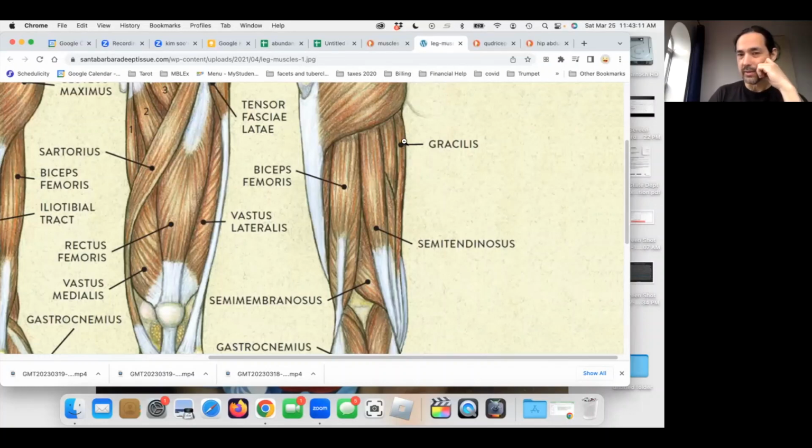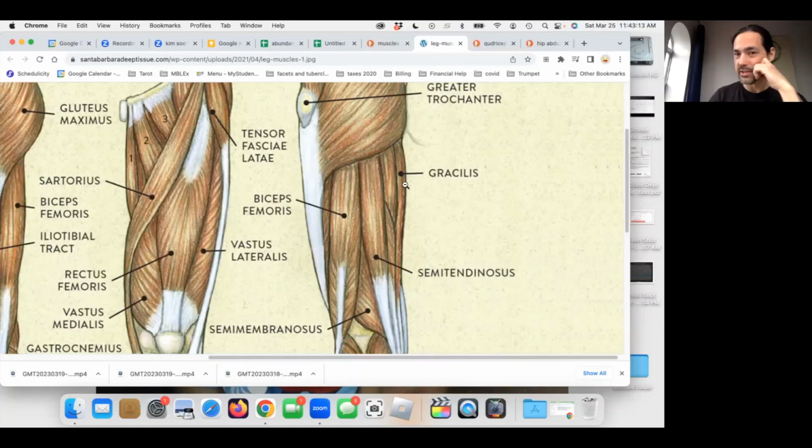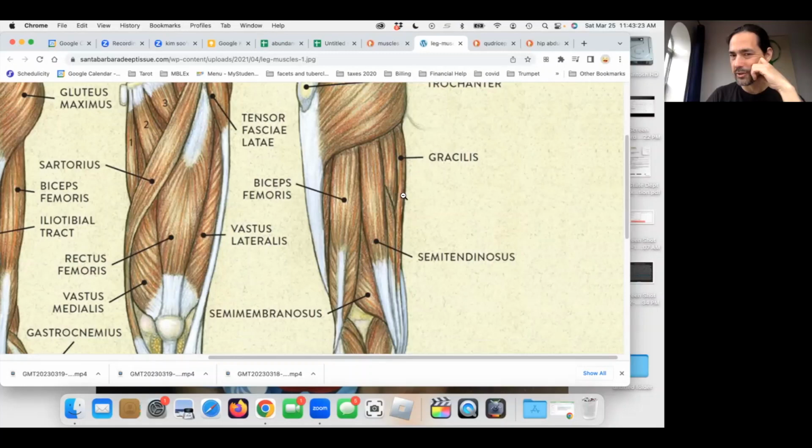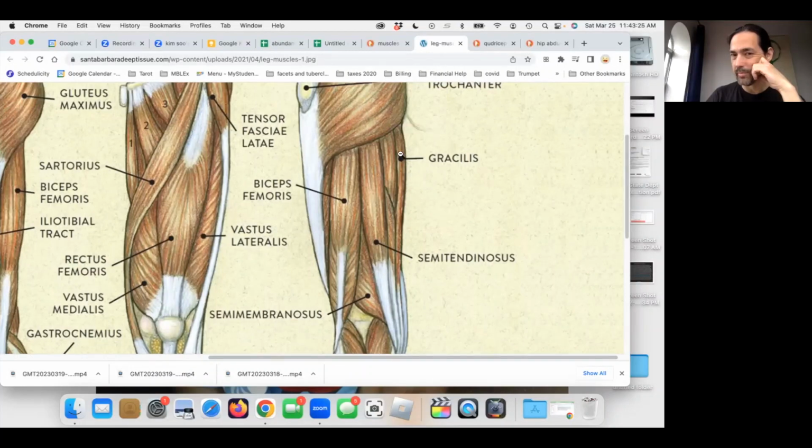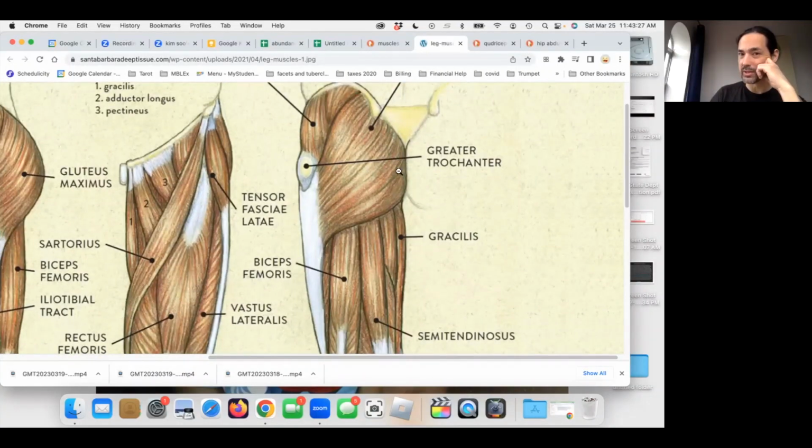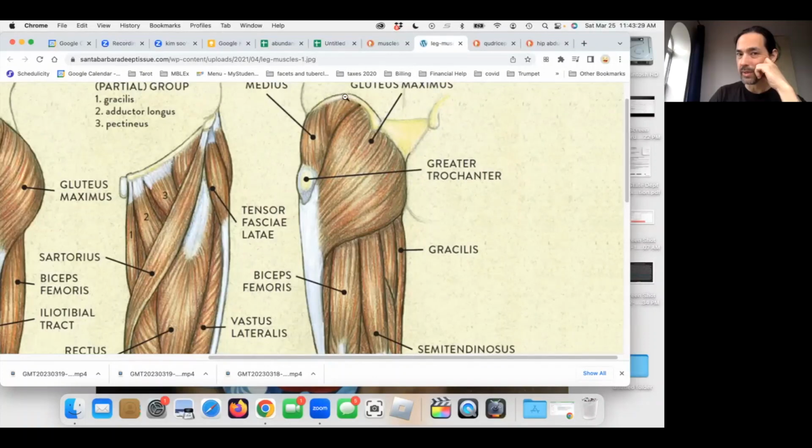On the inside, further on the inside, you can see part of the adductor group, which is the gracilis. I don't know what muscle this is. This may be the adductor magnus. I'm not sure. Here's the gracilis, and remember your bony landmarks. So here's the posterior aspect of the ilium. This is the anterior aspect of the ilium. Posterior aspect of the ilium and the sacrum, right? Here's the glute.